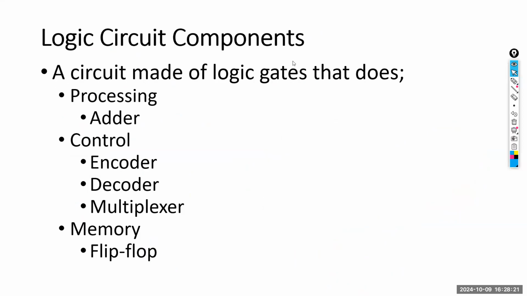Right. As I told you, there are some logic circuit components which we can make using logic gates. Adders are doing processing, some logic circuit components are doing controlling actions, and some are used for memory as well. For example, your microprocessor has something called registers to keep the currently running instructions and related data. And those memory cells, register cells, are also made using transistors.